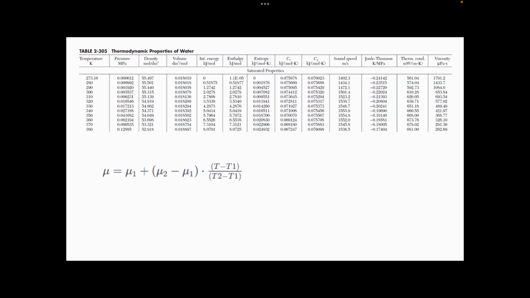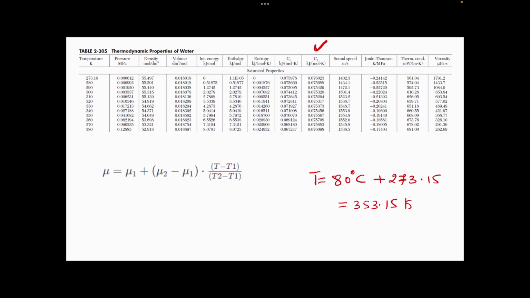Now what is the problem here is, we are supposed to find it at 80 degree centigrade, but this table is in Kelvin, so let us add 273.15. If you add 273.15, you end up getting 353.15 Kelvin.